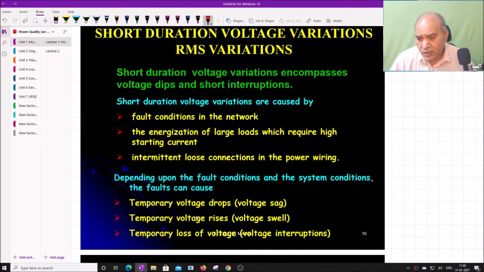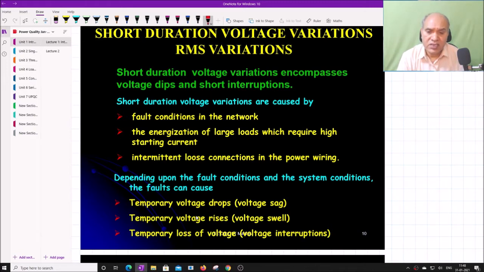The next classification that I showed in the beginning was the short duration voltage variations. These are caused by fault conditions in the network, energization of large loads which require high starting current, and intermittent loose connections.